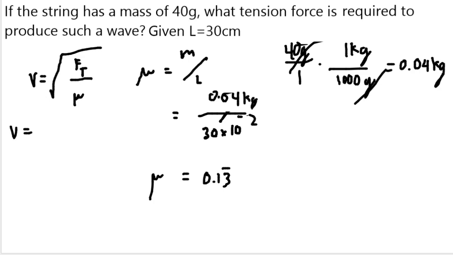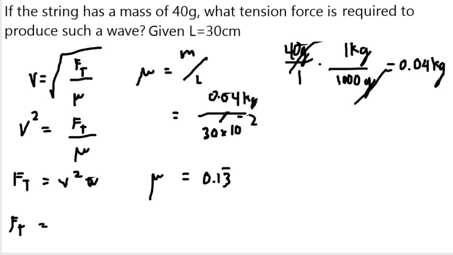Then we can just rearrange our equation and isolate the tension force, so that's what we're going to calculate. I didn't have the given of the velocity of the string, but let's just assume that it's 30 meters per second. So we have v squared and the linear density here.